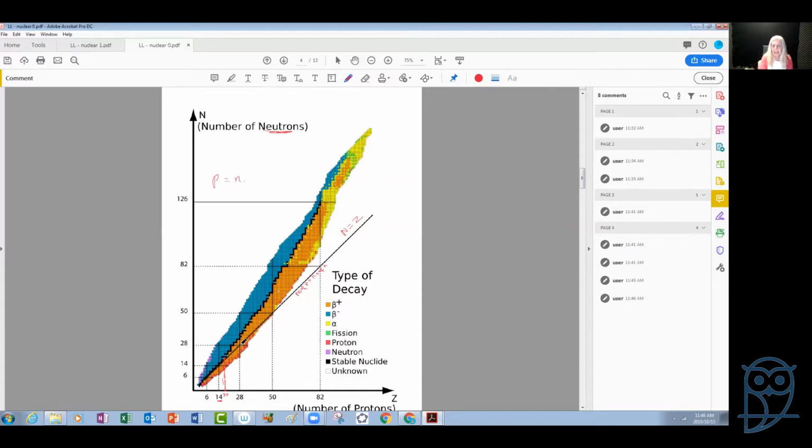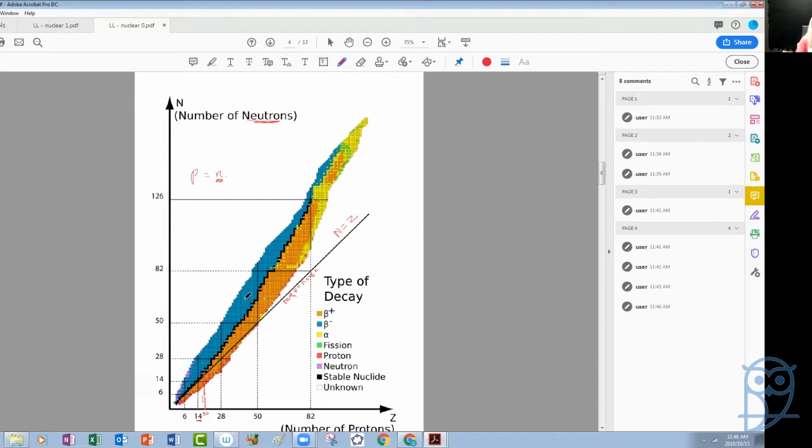But above that, the number of neutrons has to increase in order to maintain some stability inside the nucleus. That is why we see the stable nuclei now deviate from this line, and they are above this line, which means more neutrons are needed.